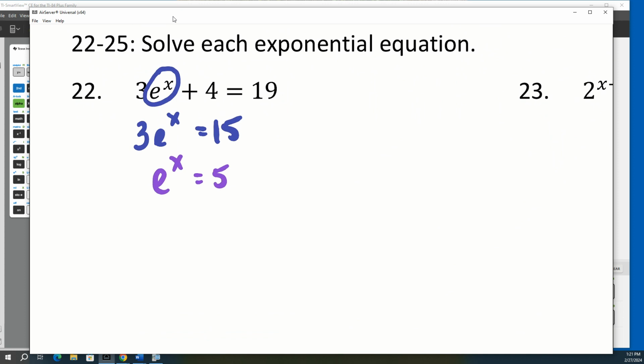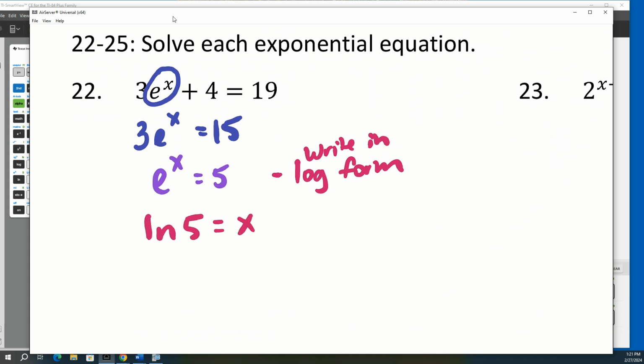Do you guys know what you do now? You put it in log form. So you write it in the opposite form that it is. So it's in exponential form. We're going to write it in log form. If your base is e, what kind of logarithm is it? Natural log of 5 is equal to x.